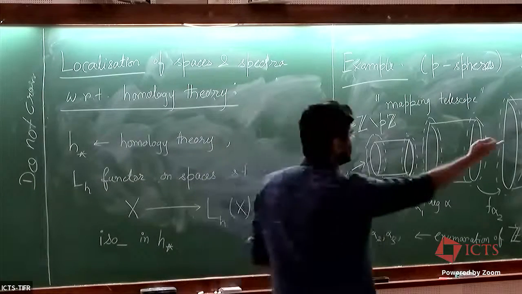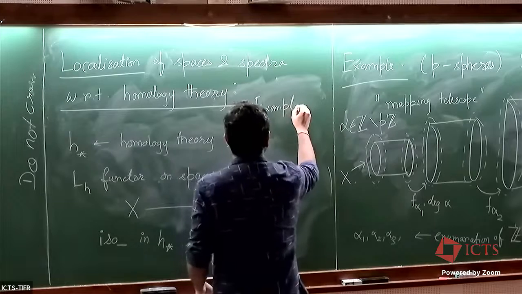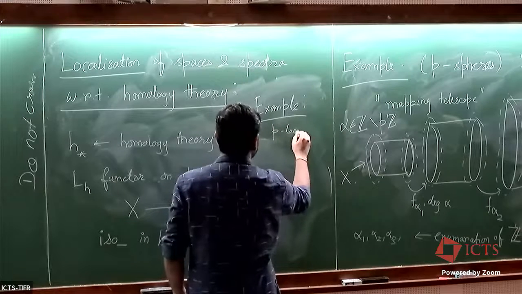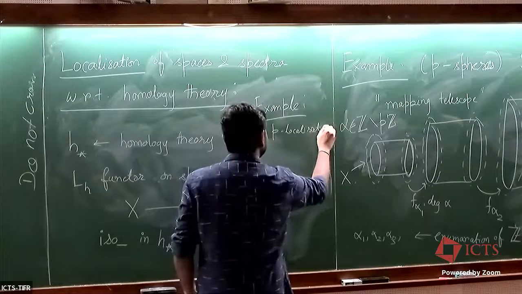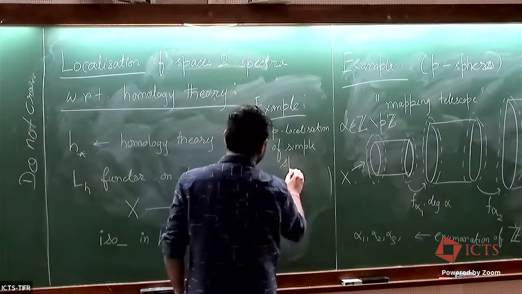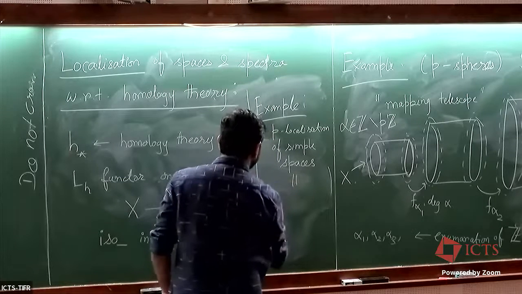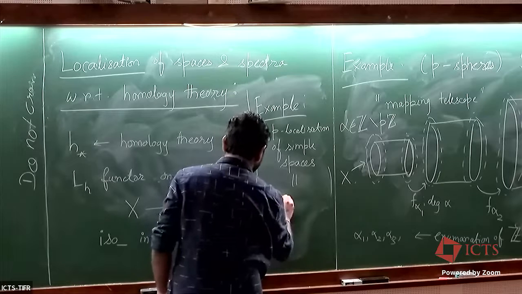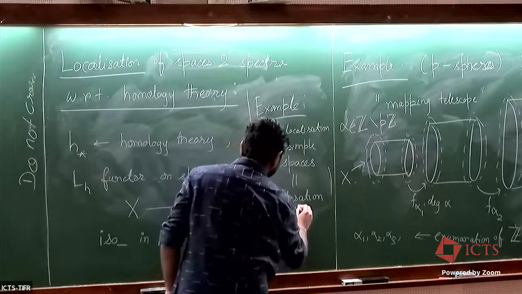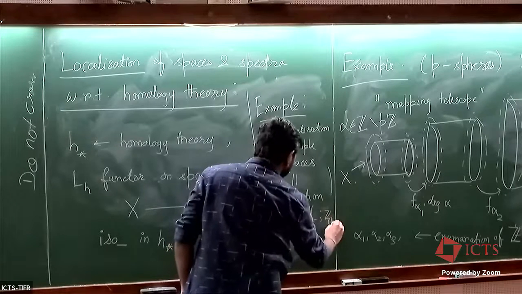As an example of this, what we saw, the P localization of simple spaces is nothing but the localization with respect to the homology theory with Z localized at P coefficients.